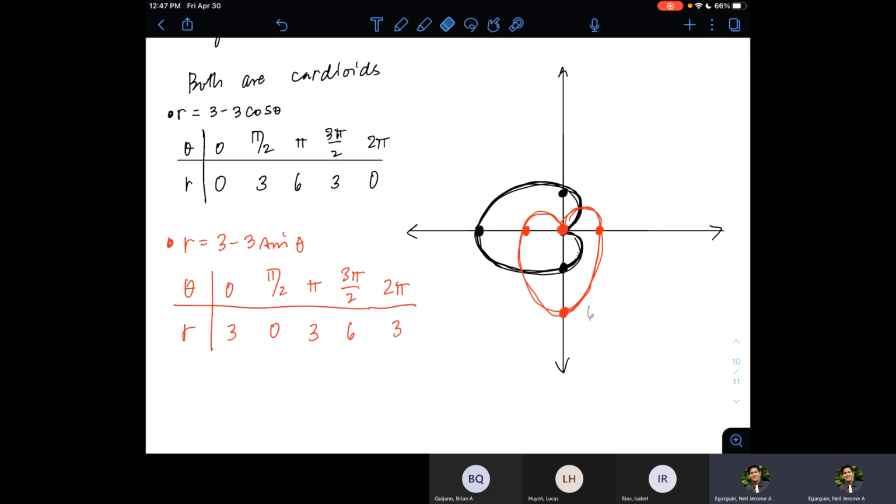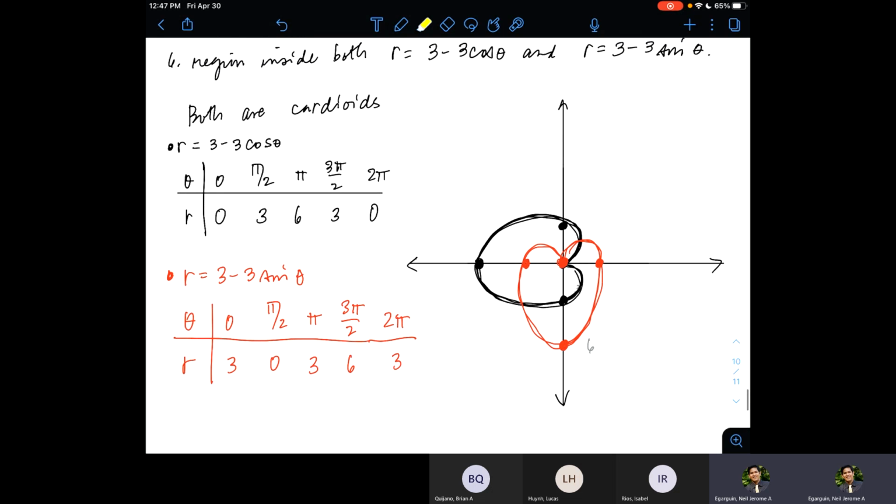Okay, and then we want to get the area of the region inside both cardioids, right? So where is that region? They should be inside both cardioids, so that would be here. All right.